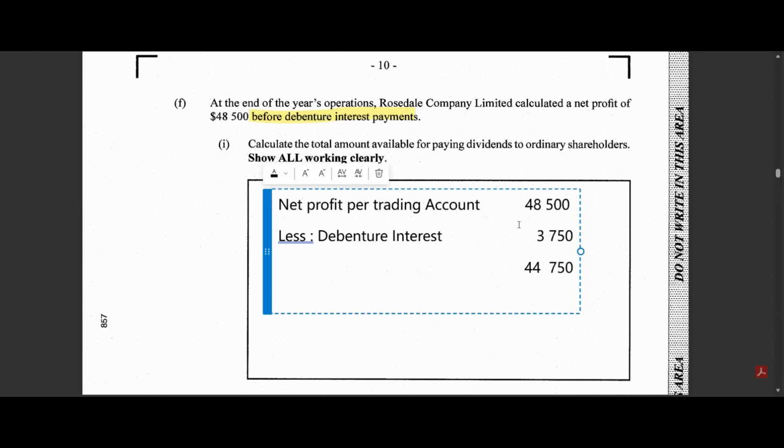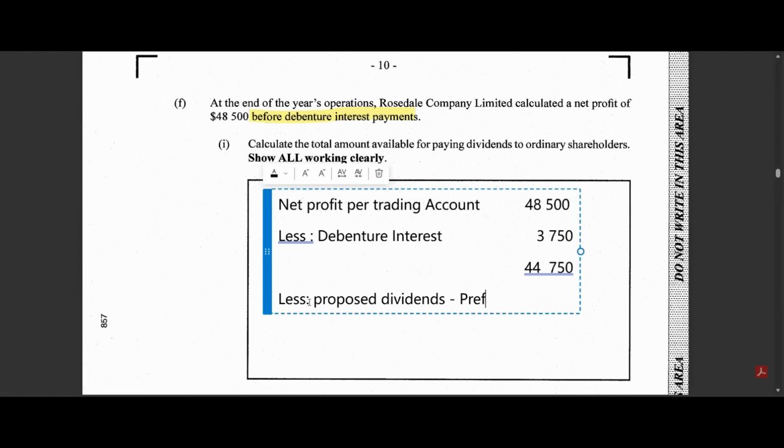But remember, guys, we already said we're going to actually pay some money towards the preference shareholders. Preference shareholders are entitled to get, right?